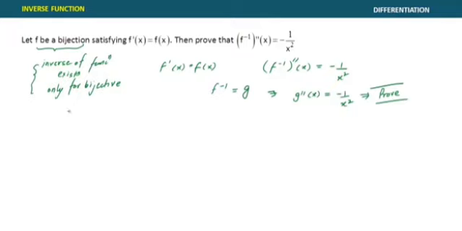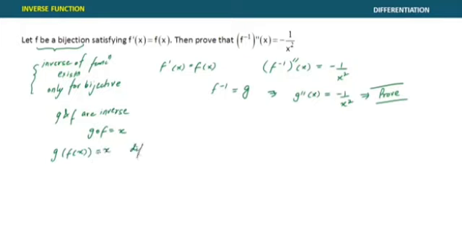Again we know that if f and g are inverse of each other, they will satisfy that f of g is equal to the identity function. I just taught you that in the previous question. F of g will be equal to x. So let us start from here, I can write it like this, and then I'll differentiate.